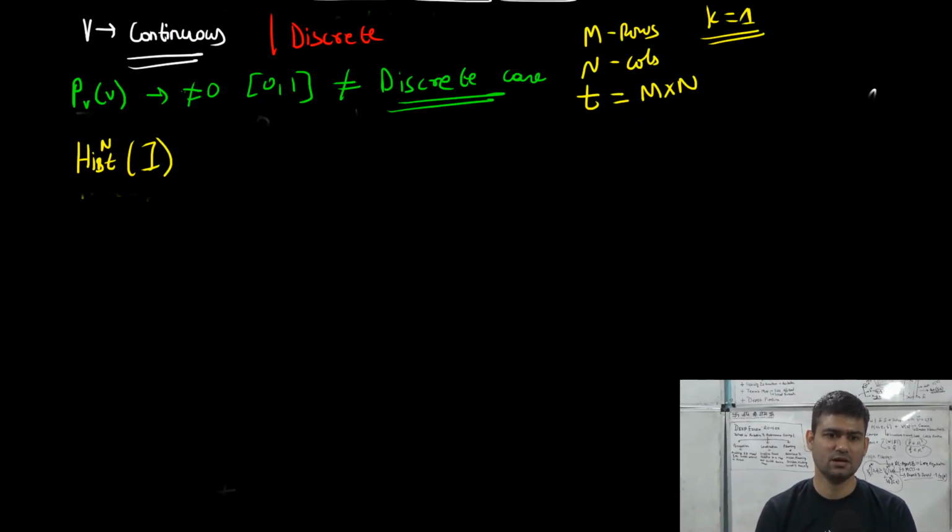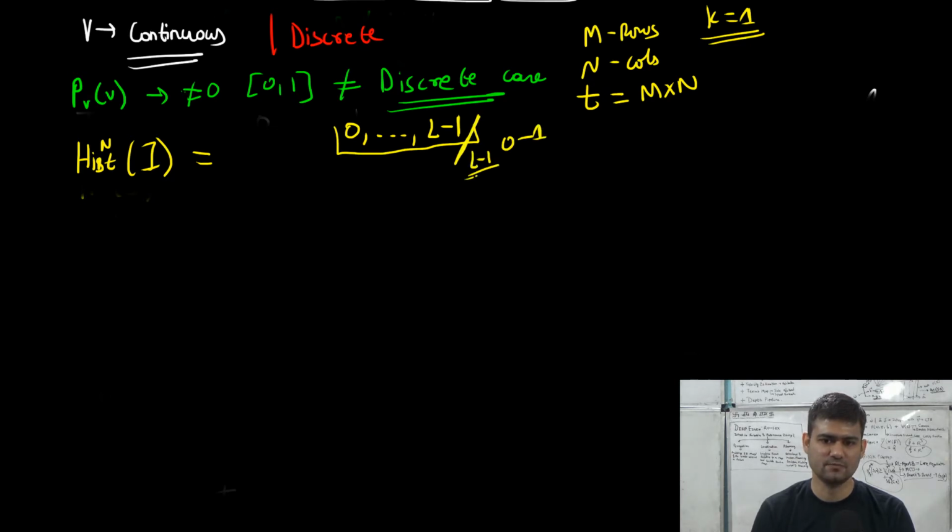So the normalized histogram of an input image I is going to be an L-dimensional vector, where L is the number of possible intensity values for any pixel in an image. Assume that the intensity values are 0 to L minus 1. Again, we can normalize these intensity values to be between 0 and 1 by dividing each of those values by L minus 1.